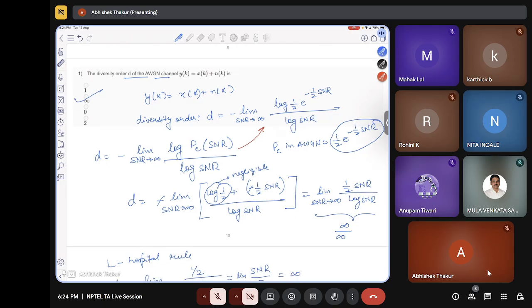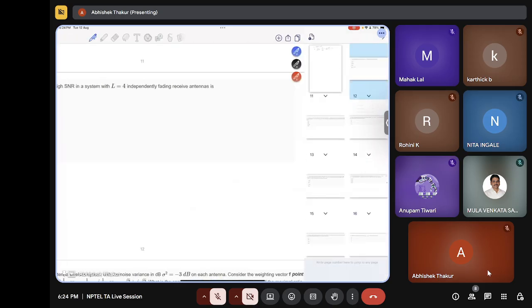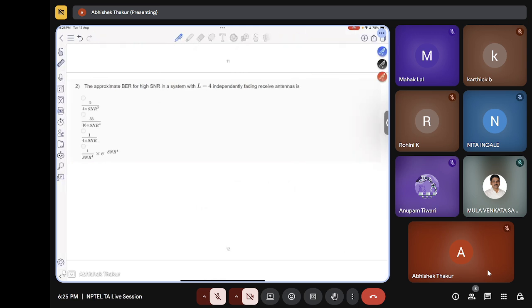Now we'll move on to the second question. The approximate bit error rate for high SNR in a system with L is equal to 4 independently fading receive antenna is.